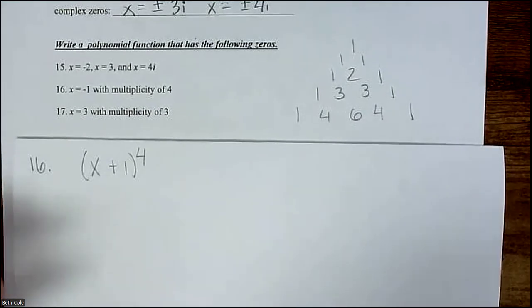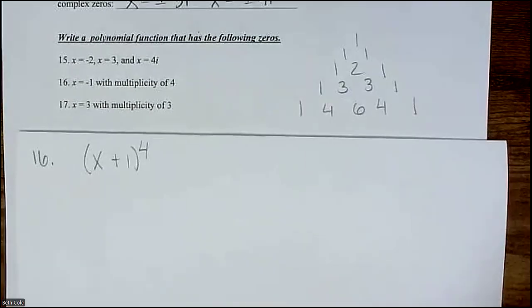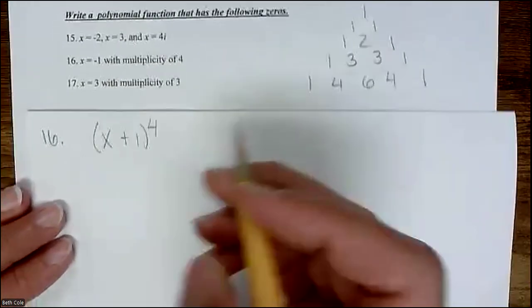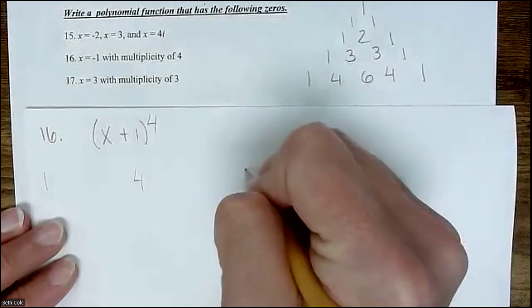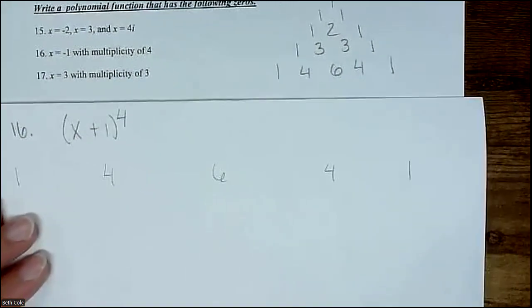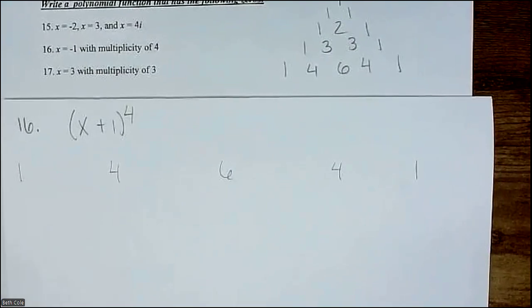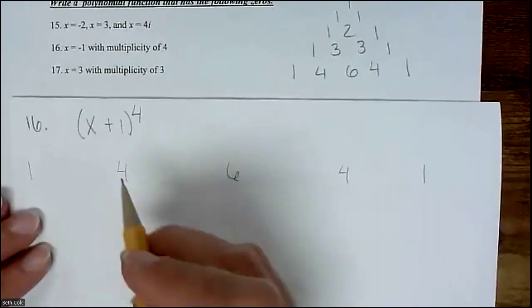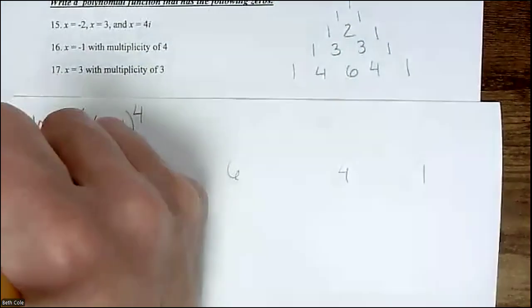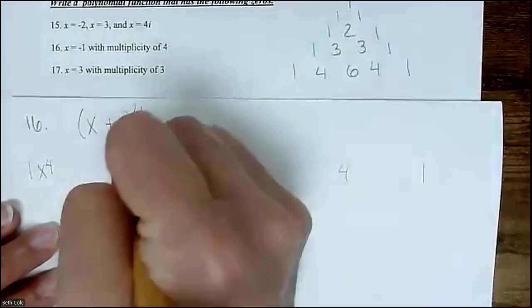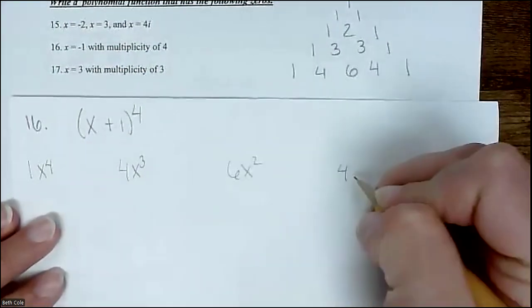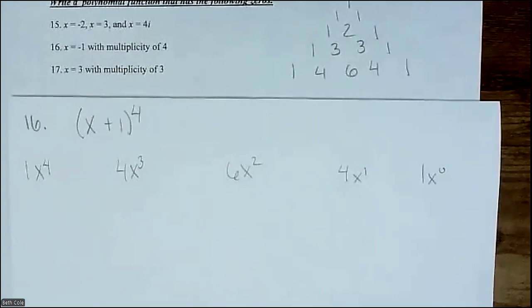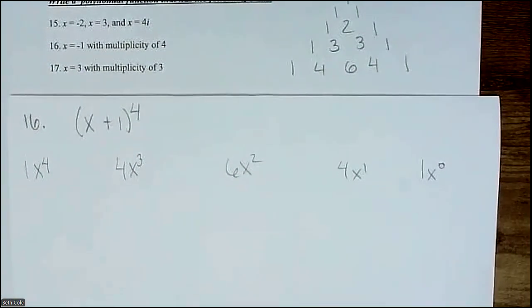But anyway, which line of this are we going to use? The fourth one, the one with the 4s in it, right? Okay, so you're going to write out 1, 4, 6, 4, 1. And if you forgot how this works, just watch. I'm going to re-teach it to you. You start with x to the 4th, and then do your countdown. 4, 3, 2, 1, 0.